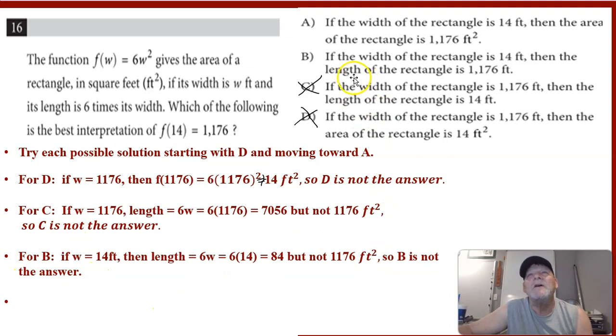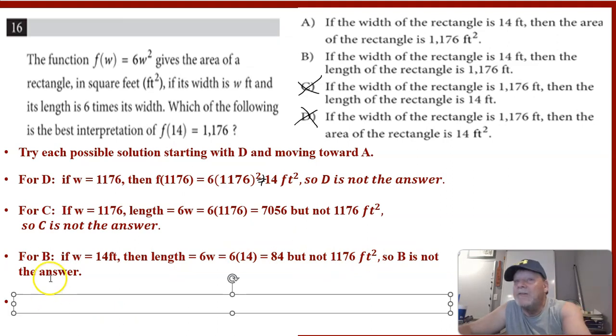So B, it says, if the width is 14, then the length is 1,176. No. If the width is 14, it says the length is 6 times the width, so that would be 84. It's not 1176. So we know B is not the answer.